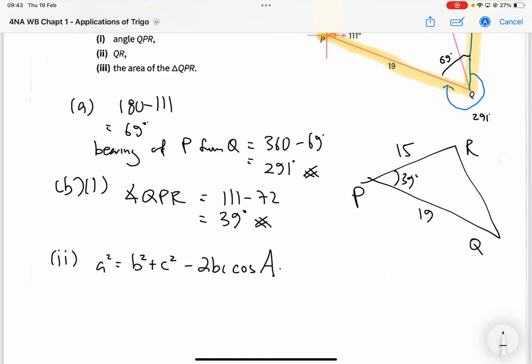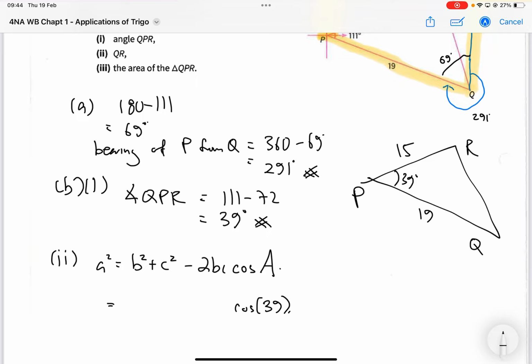Okay? When I know I need to use cosine rule, I go back to the front of the page, find this formula which is given. Then the difficulty is putting in the a, b, c and the angle. But in this case, I know there is only one angle. So this angle must be here. Okay? So I can only put in my angle here.